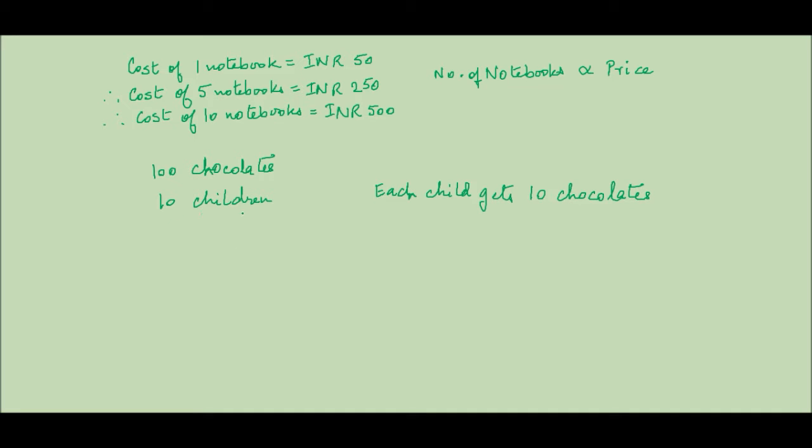Now imagine instead of 10 children, there are 20 children, and we want to distribute these 100 chocolates among these 20 children. Now each child will be getting 5 chocolates.